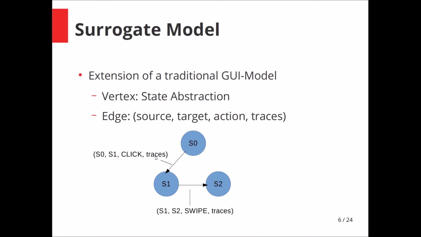Both actions are producing different sets of traces. The cool thing is that we do not need to adapt the genetic algorithm itself, but solely the test execution process in order to incorporate the surrogate model.